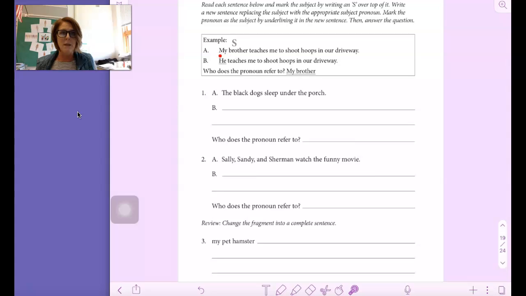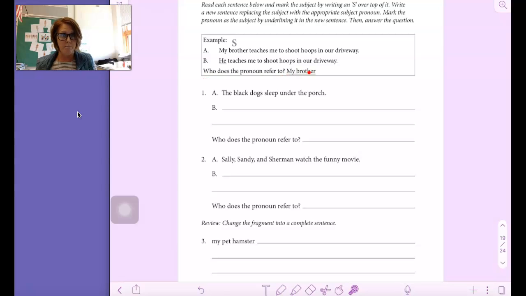The sentence was, my brother teaches me to shoot hoops in our driveway. The subject of the sentence is brother, so they wrote an S above that. And they rewrote the sentence to replace brother with he. He teaches me to shoot hoops in our driveway. Underlined he because it's the new subject of the sentence. And who does the pronoun refer to?